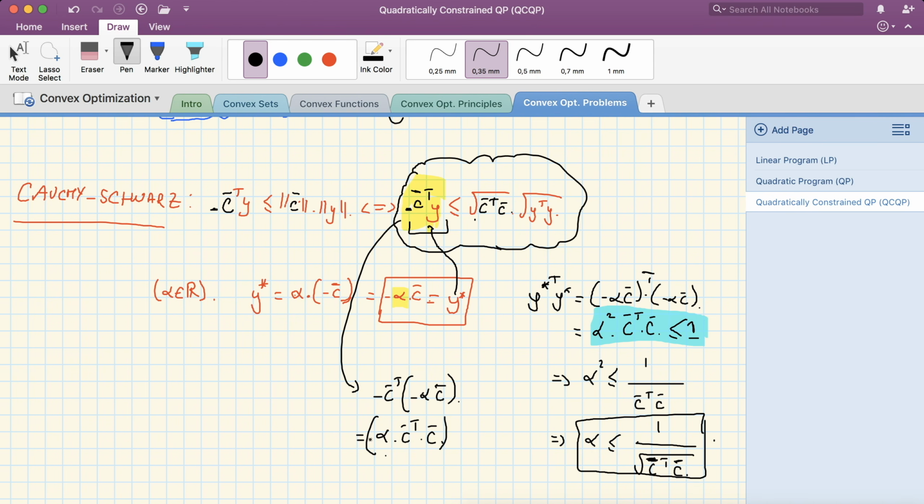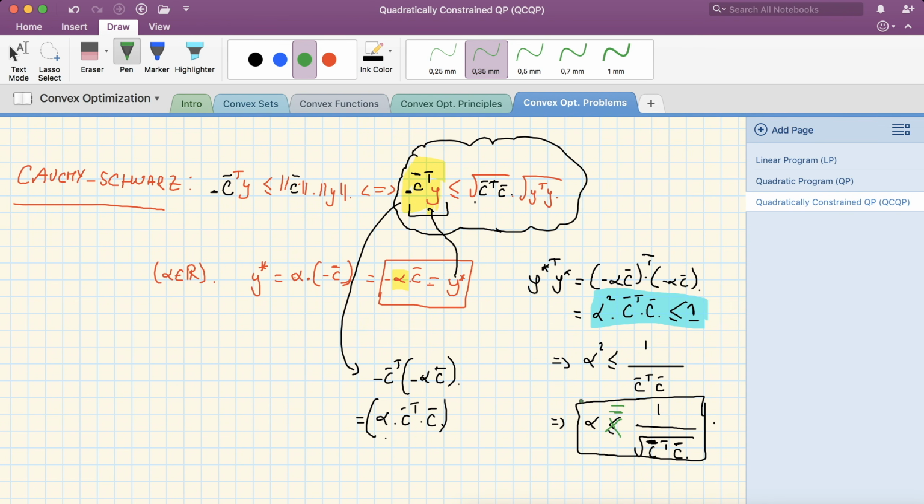Right? So what should alpha be to maximize this? You should choose alpha as large as possible. So alpha should be equal, not less than. It should be equal to this upper bound right here. This is positive, so the higher alpha is, the higher this cost is, and the more you are able to lift minus c bar transpose y, right?